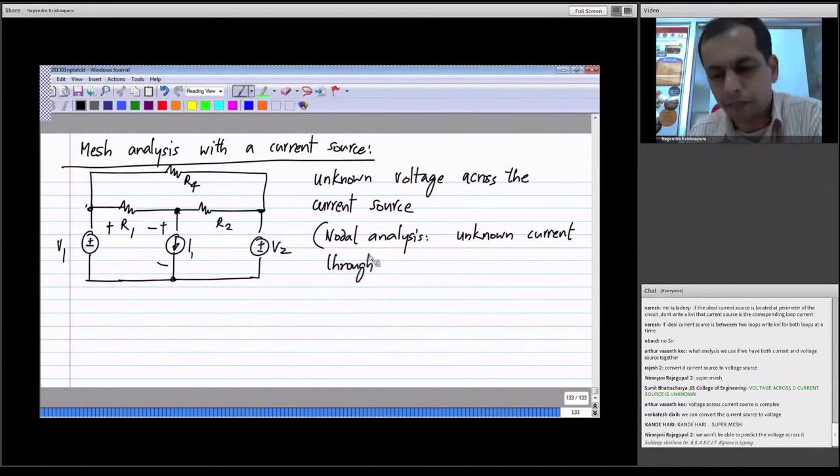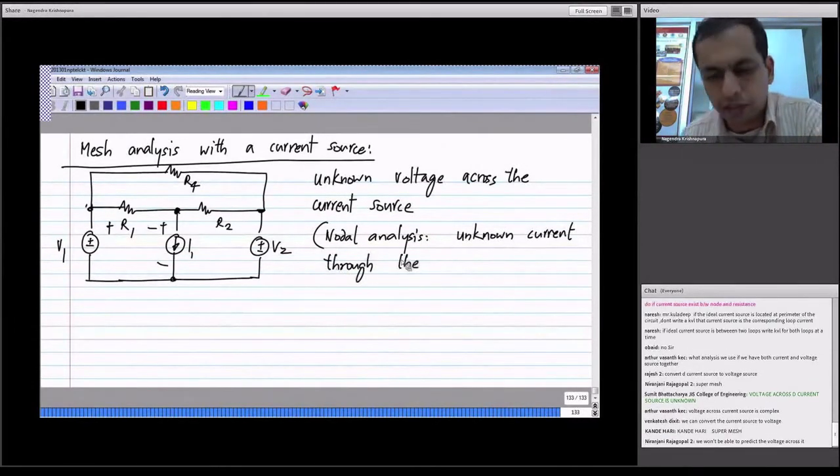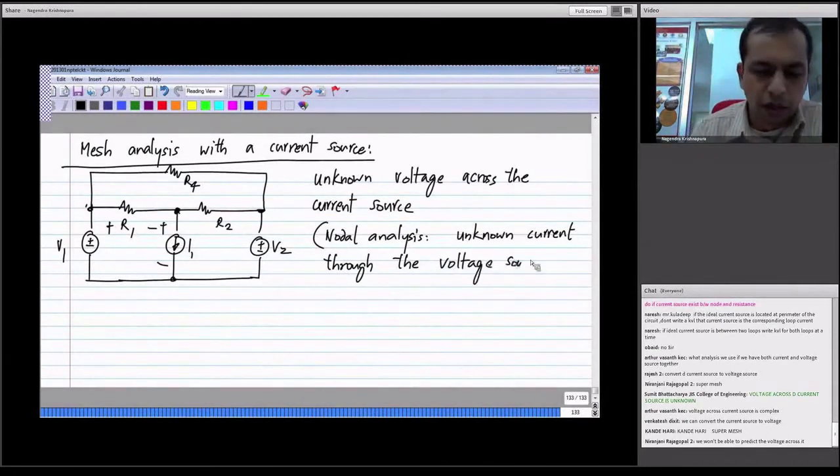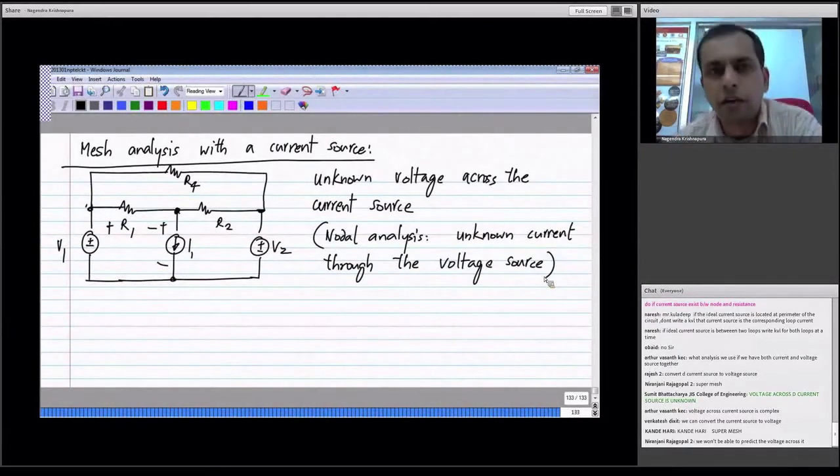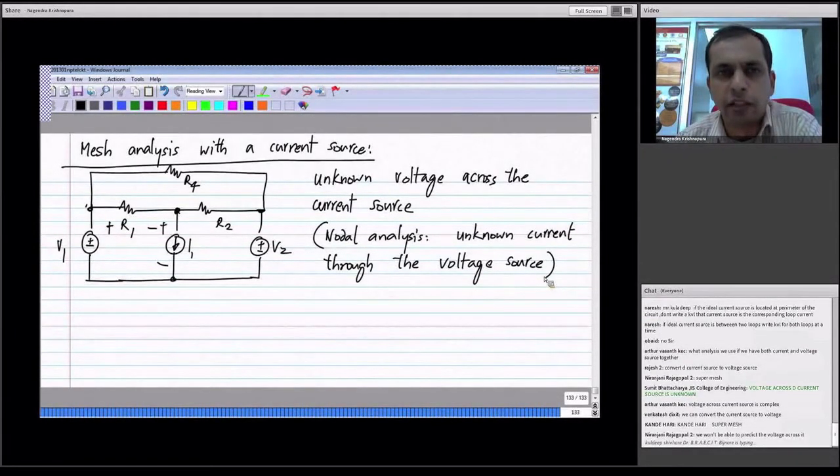Okay. So this is the issue. Now how do we work around this? What did we do in case of nodal analysis? When we had nodal analysis with voltage sources, what was the thing that we did? How did we get around the problem?